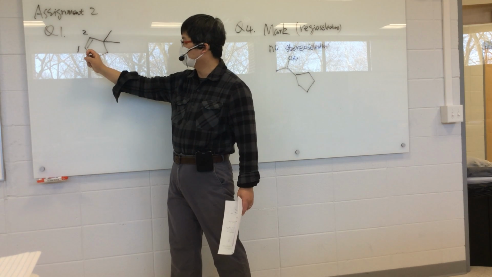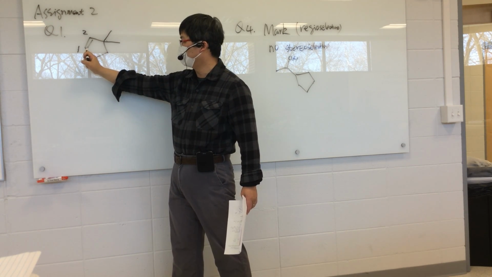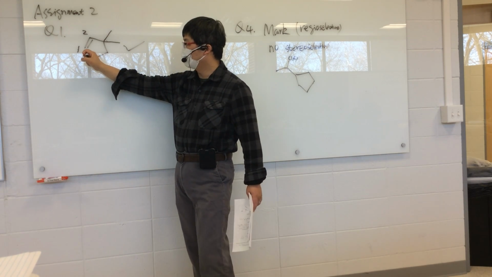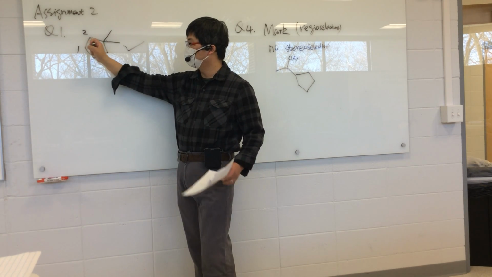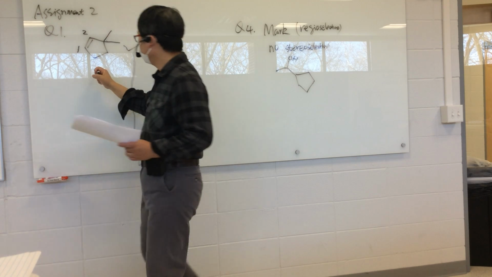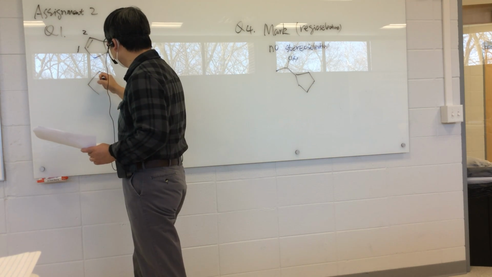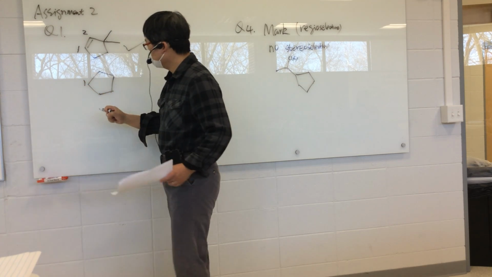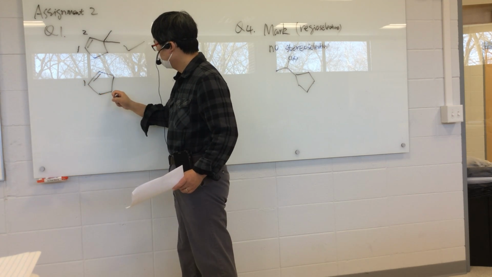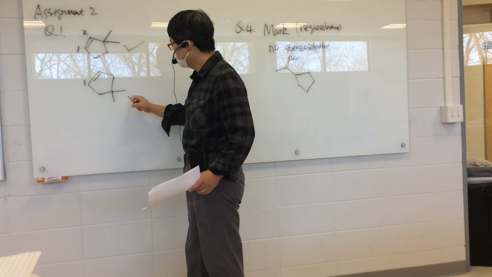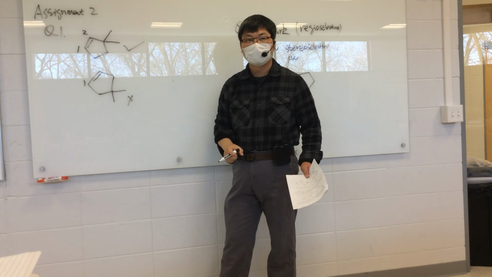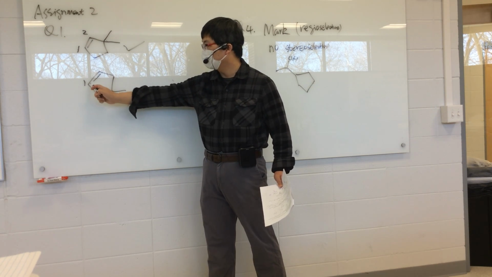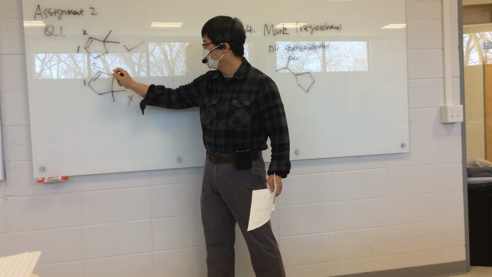So this is correct. We start from here, 1, 2. You cannot do things like this. You cannot say this carbon is 1, 2, 3. So this is wrong. You see that? This is 1, 2, then this is 3.